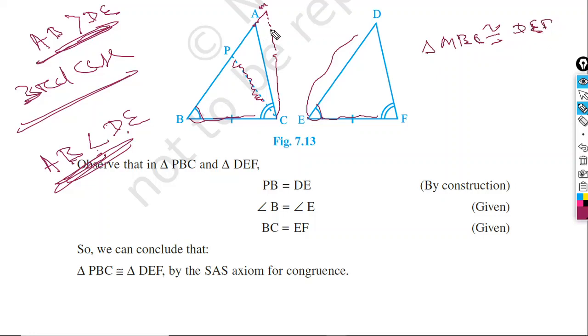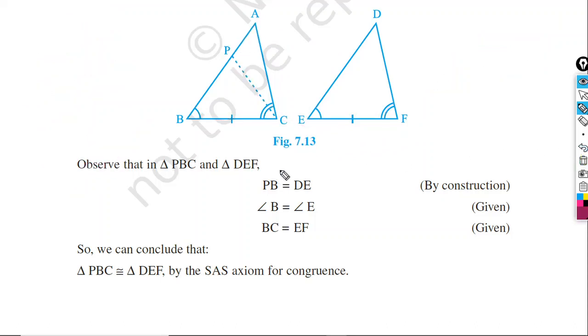Okay? Same story again: angle MCB will be equal to angle F. Now before, angle F was equal to angle C, therefore M and A will be coinciding. Okay. So in this similar manner, we can write.